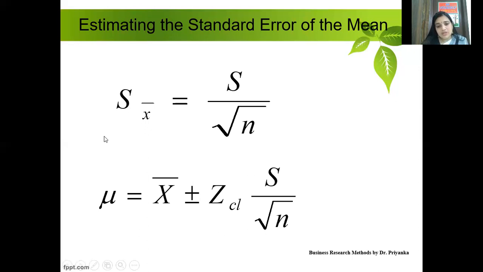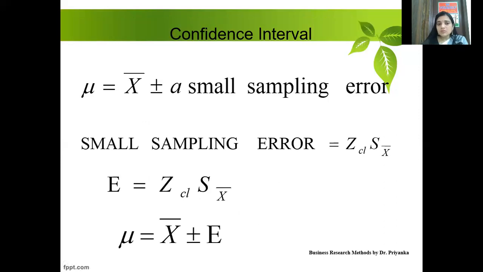So the whole equation now is mu is equal to X bar plus minus ZCL into S divided by square root of n. This is derived from this particular formula. First, we introduce the formula mu is equal to X bar, which we discussed initially, plus minus small error, and this error's formula has been replaced here.